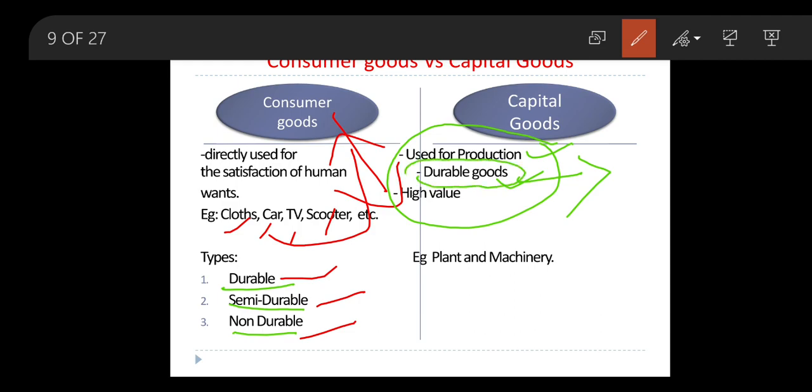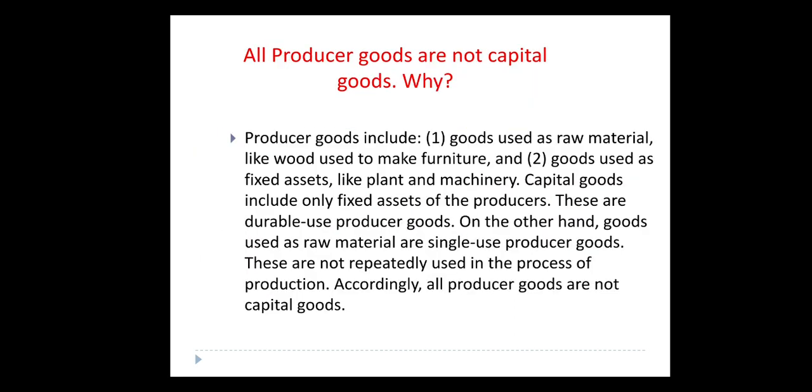It must be a durable good which must be able to be used for a long period of time and must be able to be used repeatedly. Therefore it is said that all producer goods are not capital goods.